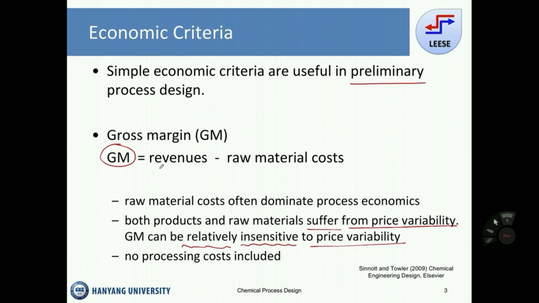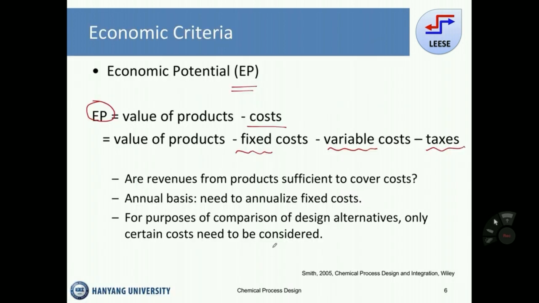When you look at the gross margin, we have the revenue and the raw material cost, but we do not have any processing cost. So compared to GM, EP, economic potential, is a little bit wider evaluation criterion, having the cost elements of the variable cost and the fixed cost.